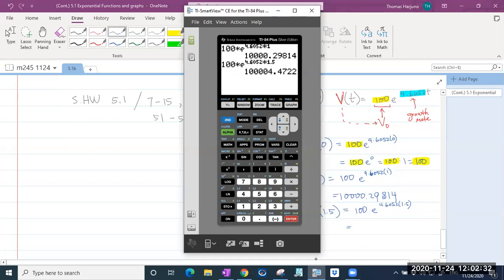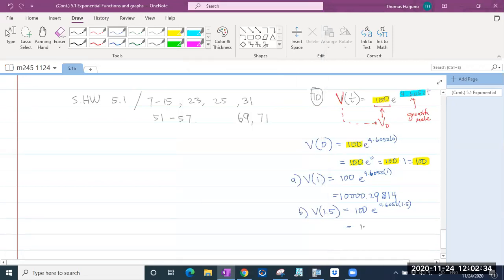That's 100,004.4722. So using this modeling, we see that within 1.5 hours, 100,000 computers get infected.